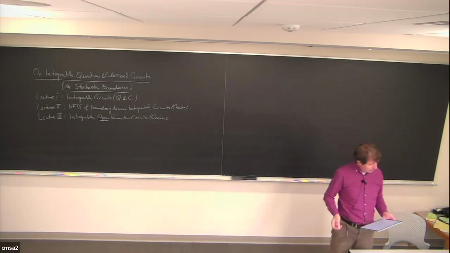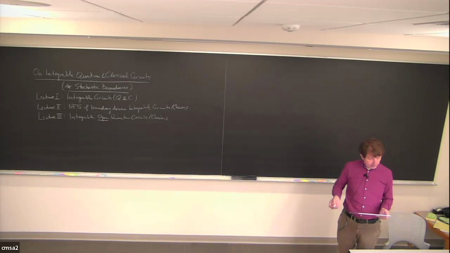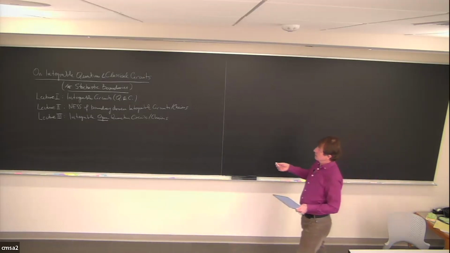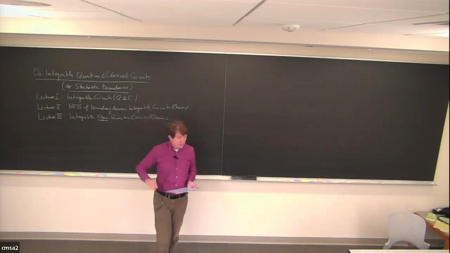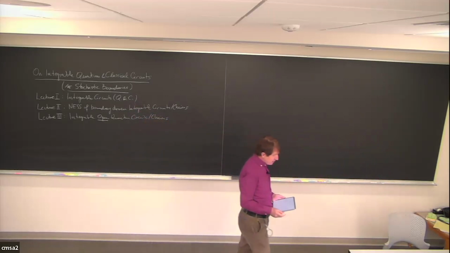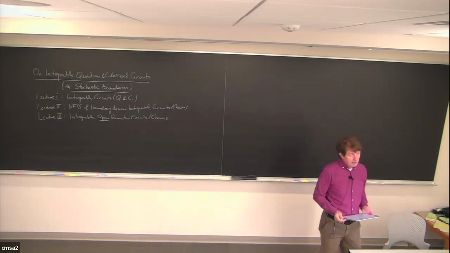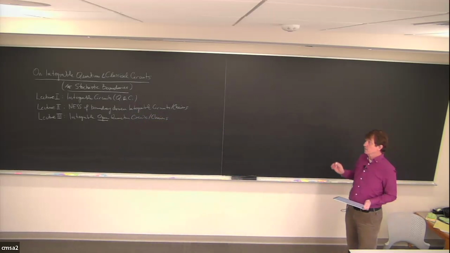But okay, I see a couple of experts here, and I'm sorry for those who will find the first half of my lectures rather boring, but I have to set the stage. So today I will discuss integrable circuits, quantum and classical. I will start with quantum integrable circuits, which simply follow from unitary solutions of the Yang-Baxter equation.